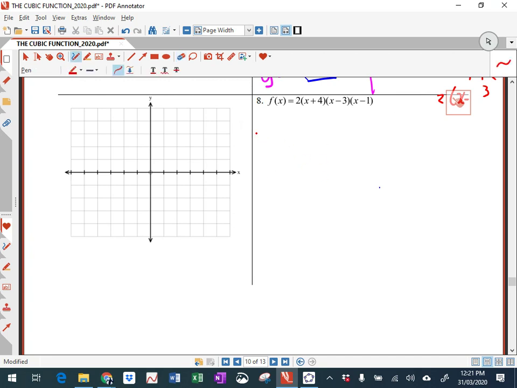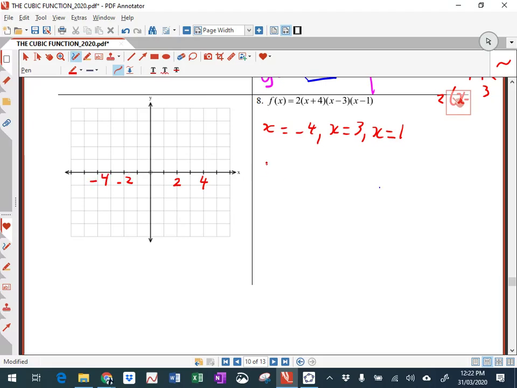So straight away I know that the x-intercepts will be x equals negative 4, x equals 3. These are the x values which, when I put them into the equation, give me 0. So let's put 2 here, 4 here, and negative 2 here, negative 4 here.